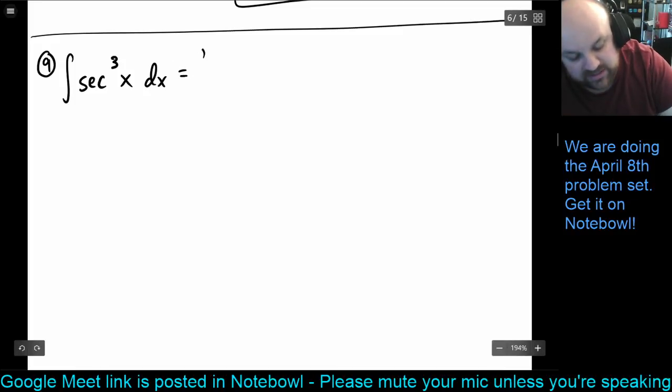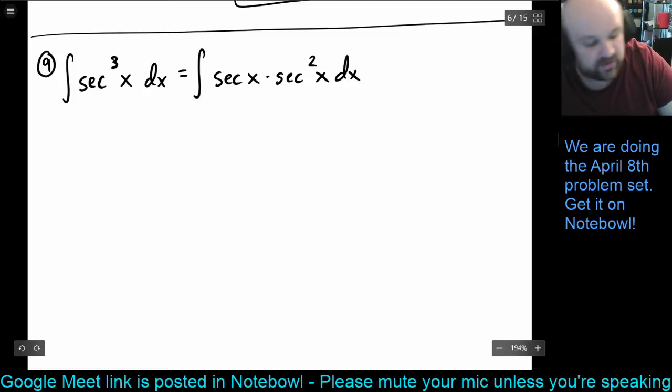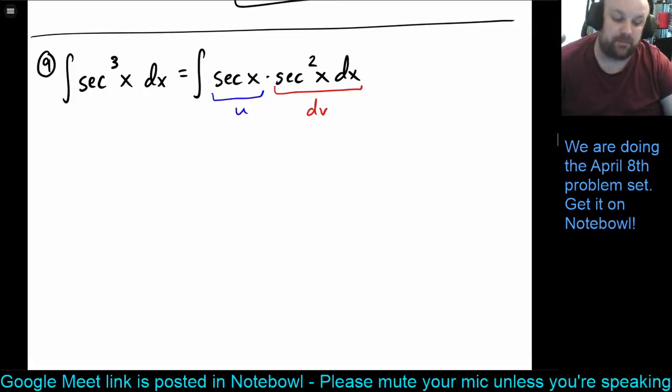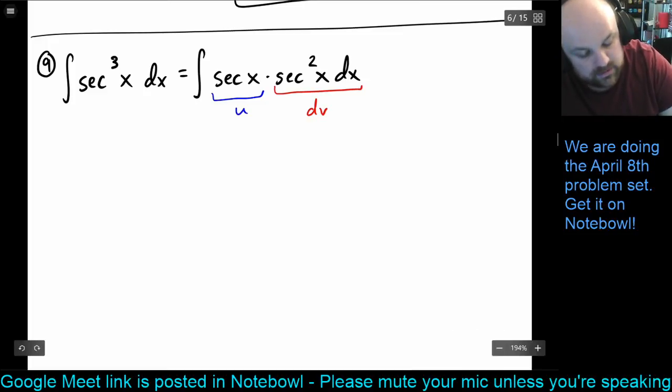So if we look at secant cubed, I have secant x, secant squared x dx. So I write it in this way because I know how to integrate that. So I'm going to make this dv. This, well, I'm stuck with, so that's going to be my u for the integration by parts. So then du is going to be secant of x, tangent of x.